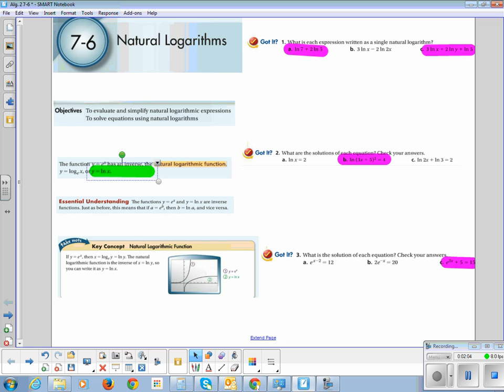So when we're doing the tricky conversion, a equals e to the b is the same thing as b equals natural log a. So just like when we had base 10, we didn't write the number 10 in our log. When we have base e, we write it as ln, and we don't write the e.